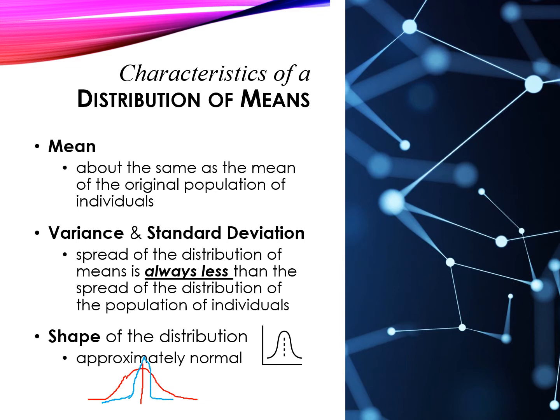It's going to be a lot less, and so it's going to be a lot tighter around the mean, okay? But the shape is going to be approximately normal, and that's one of the things I was showing you with the histograms. The more means that you have, the more normal it becomes, okay? And normal meaning more shaped like a bell, okay?